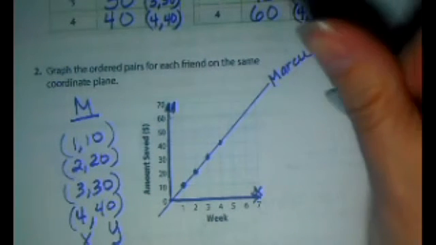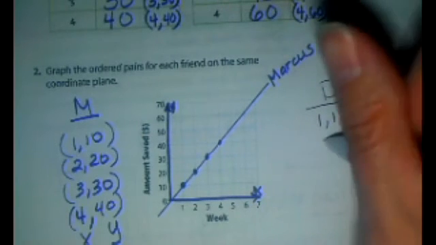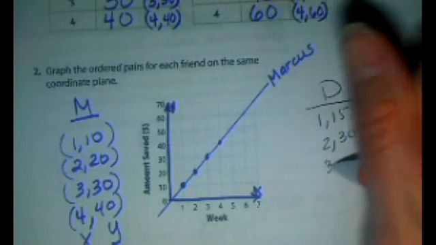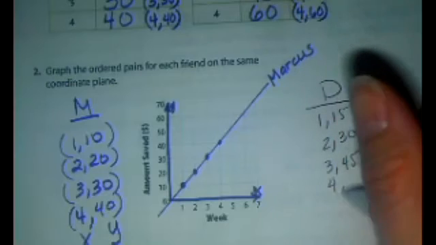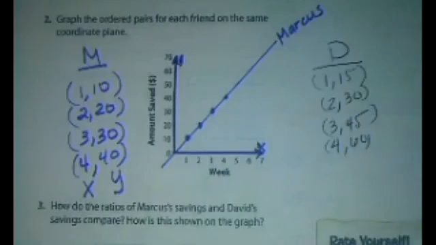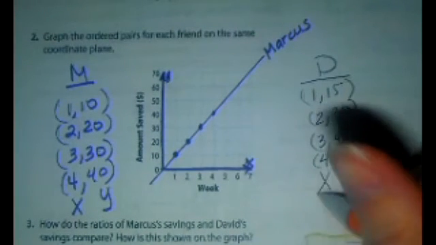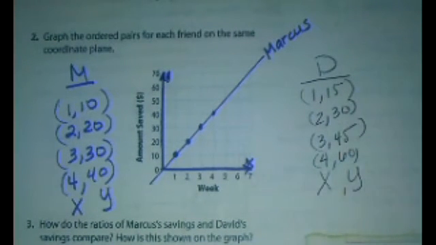All right, let's look at David. David had 1, 15, 2, 30, 3, 45, and 4, 60. All right, so let's graph David. So remember, these are your X's and these are your Y's. They always go in that order.